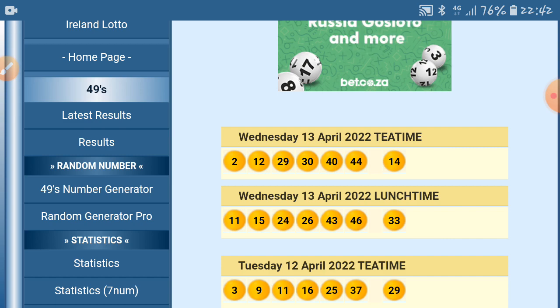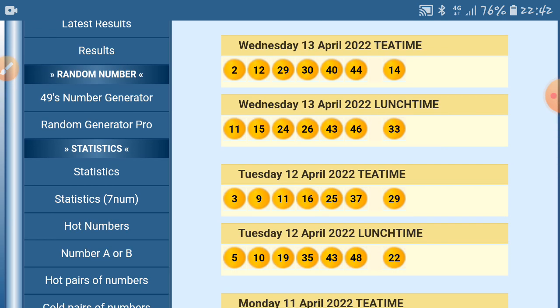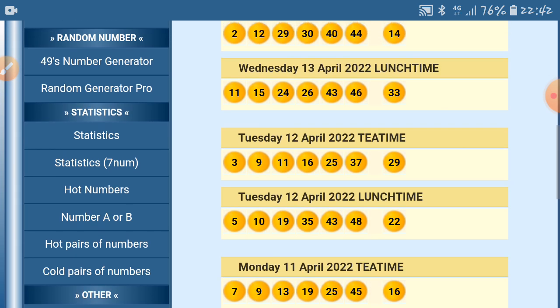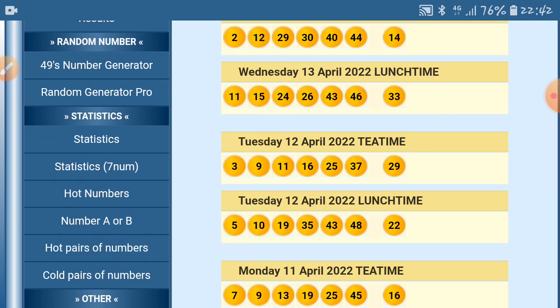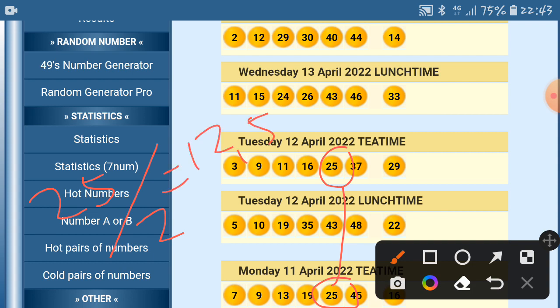Okay, what else do we have? I've noticed the number repeats that we have. The first one that I saw is 25 and 25. 25 divided by 2 equals 12.5.